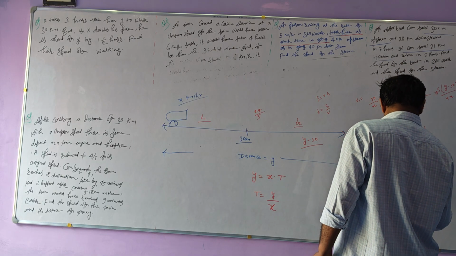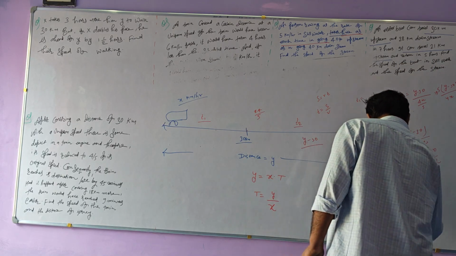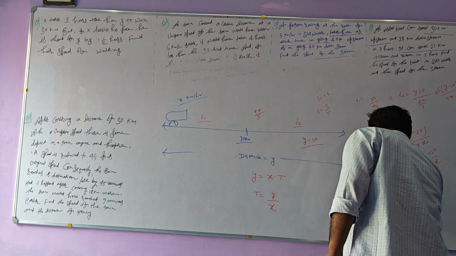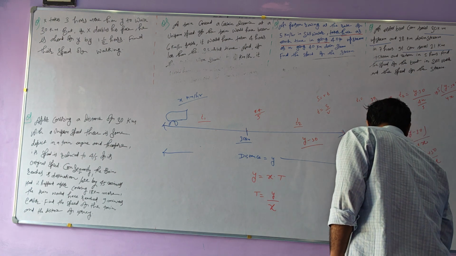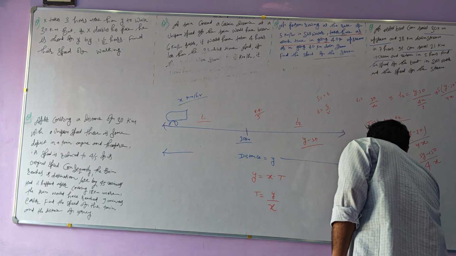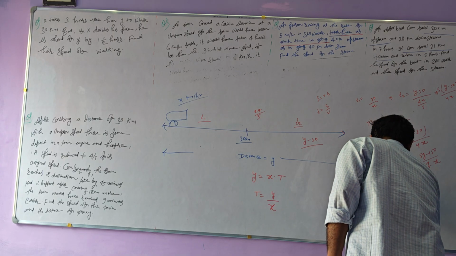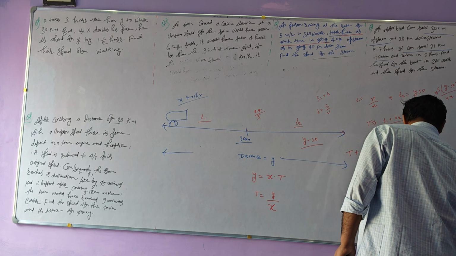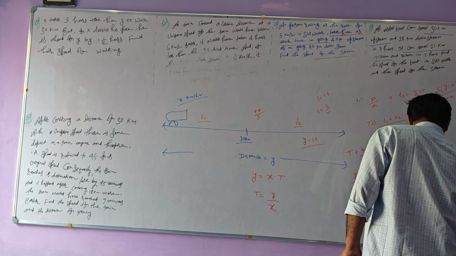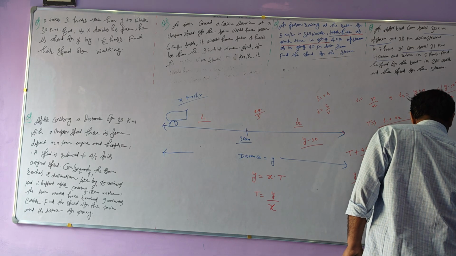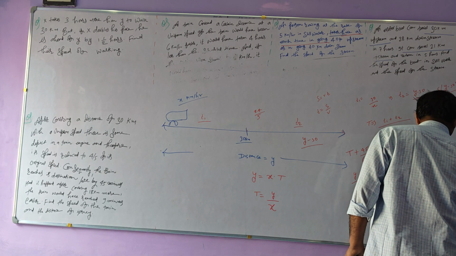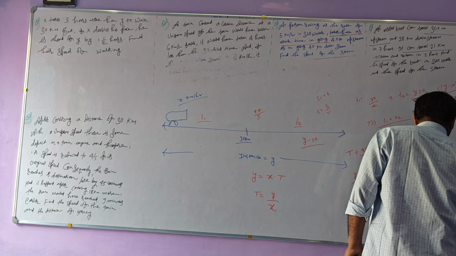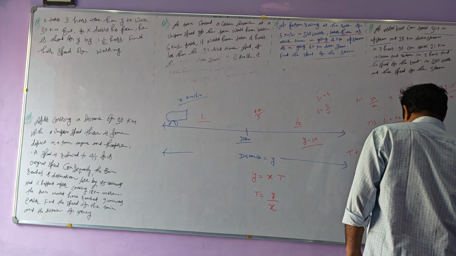Writing 3 upon 4, y upon x plus 3 upon 4 is equal to 30 upon x plus (5y minus 150) upon 4x.